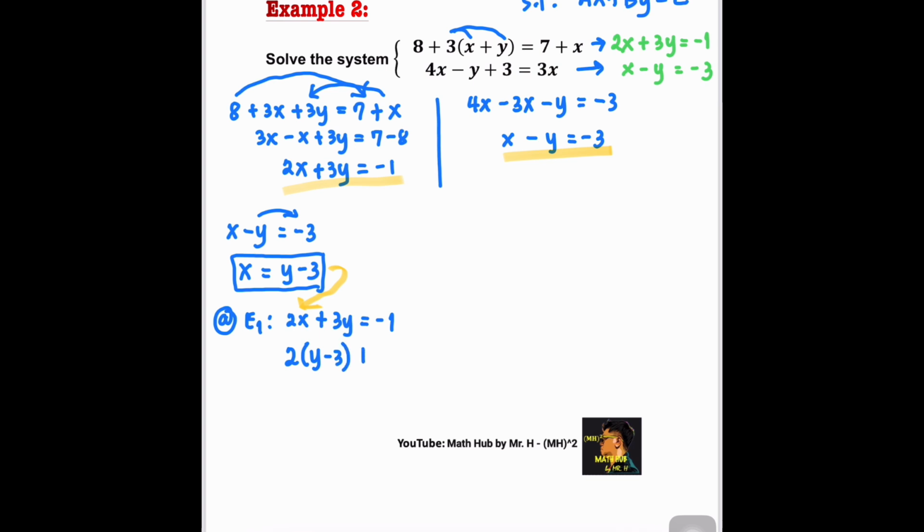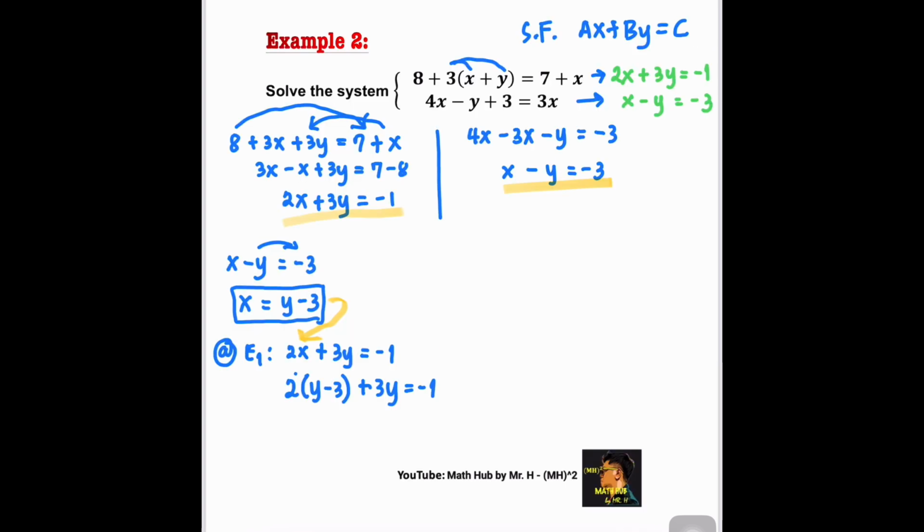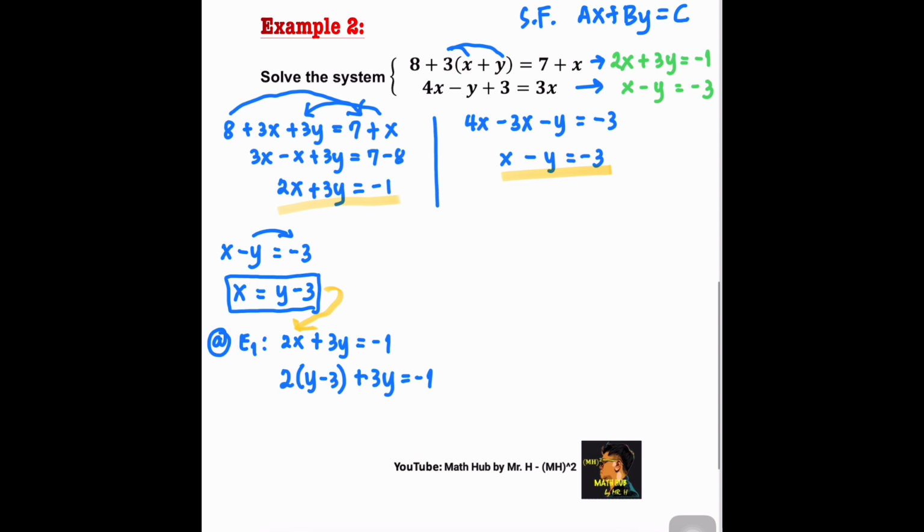Then we simply copy the rest. So 3y we copy equals -1. All right, then we need to apply the distributive property here. So 2 times y, 2y. 2 times -3 is -6. Then we copy the rest plus 3y equals -1.